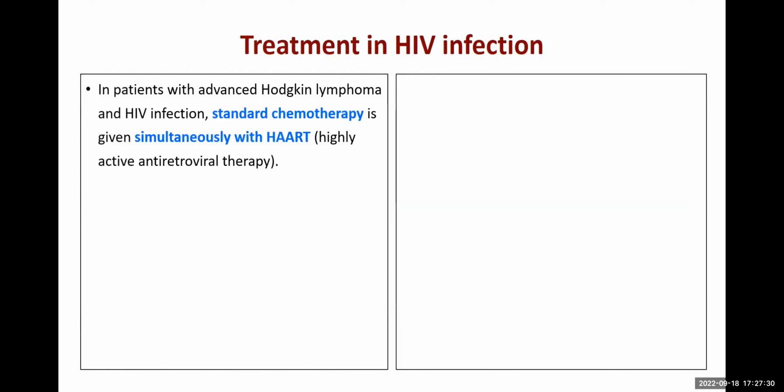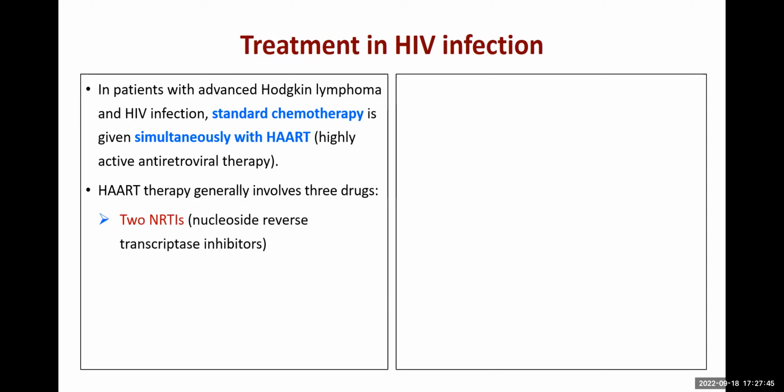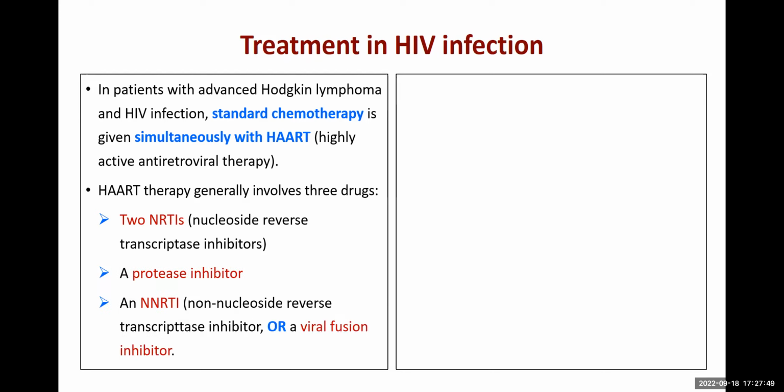And for HIV, we have to give treatment for HIV as well, okay? We have to give HAART, highly active antiretroviral therapy, which includes nucleoside reverse transcriptase inhibitors, protease inhibitors, non-nucleoside inhibitors or viral fusion inhibitors. We have done all this in virology.